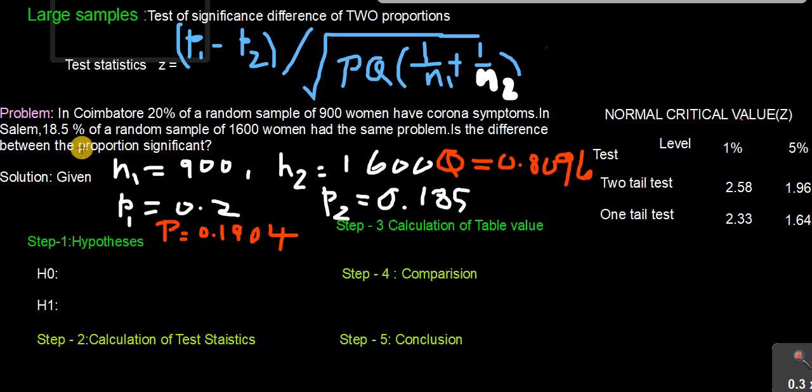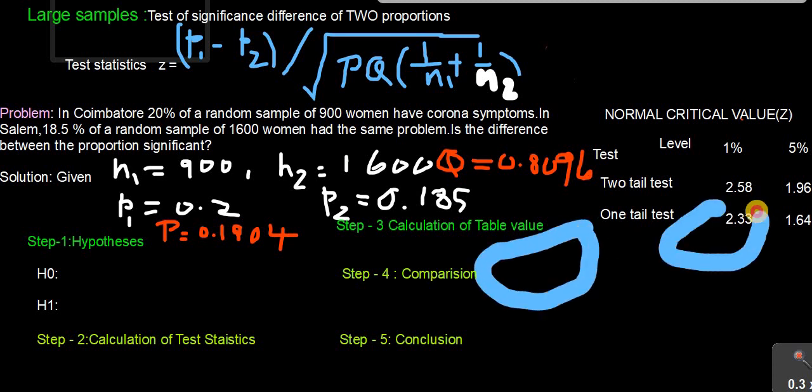Okay. Now capital P1. Now look at the screen here. This is Coimbatore, this is Salem. I am assuming that this is the proportion of Coimbatore. P2 is the proportion in Salem.